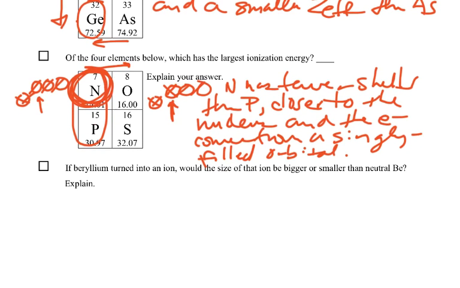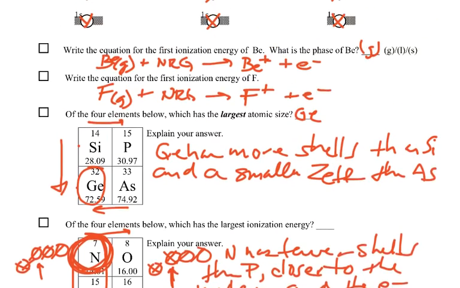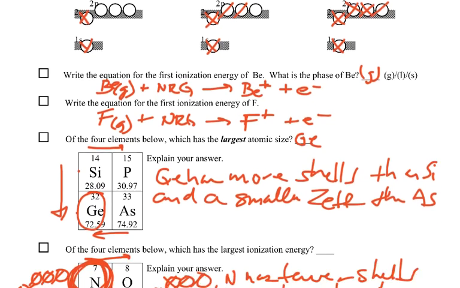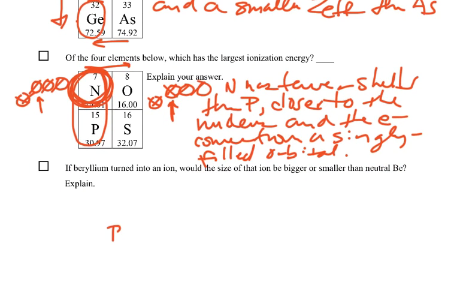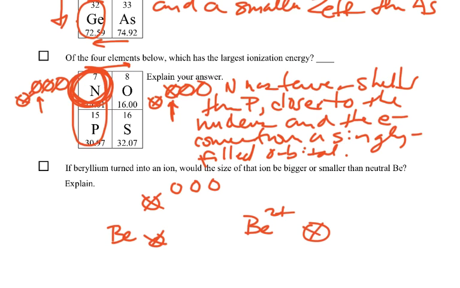Okay, if beryllium turned into an ion, would the size of the ion be bigger or smaller than normal beryllium? Well, beryllium, if you remember back here, has 4 electrons. And so normal beryllium looks like this, 1s2, 2s2. But Be would form a 2+ ion, and that would just be 1s2. So will it be bigger or smaller?